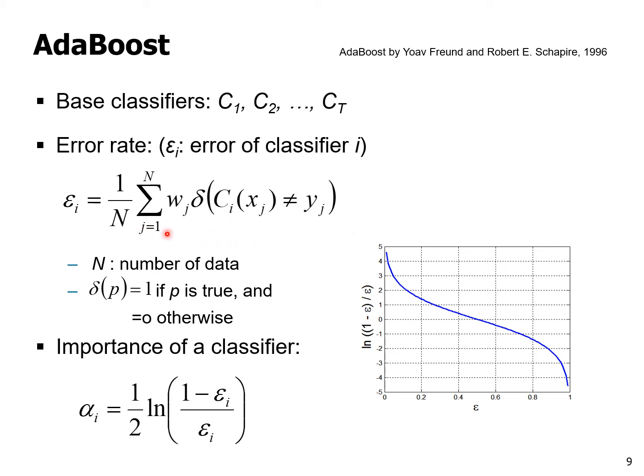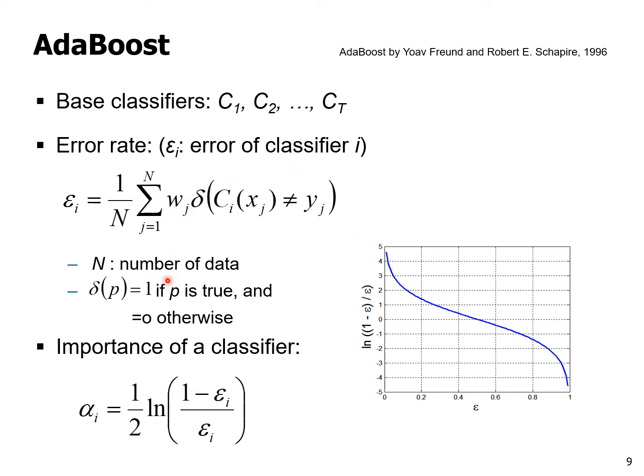If you look carefully here, for every data j, j equals 1 to n, where n is the number of data, C_i(x_j) is the prediction from classifier i, and this is the correct value of data j. If these are not equal, then this is an error, right?